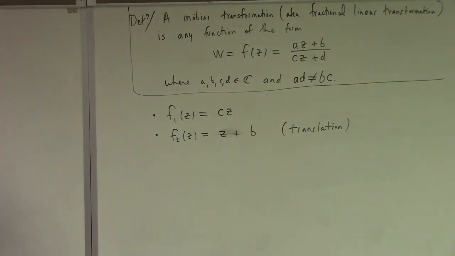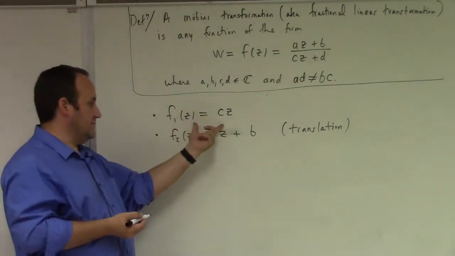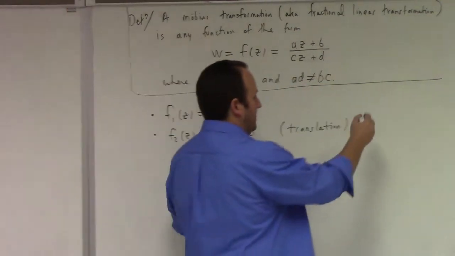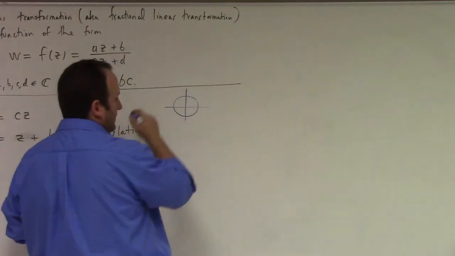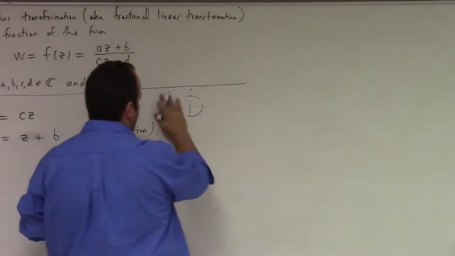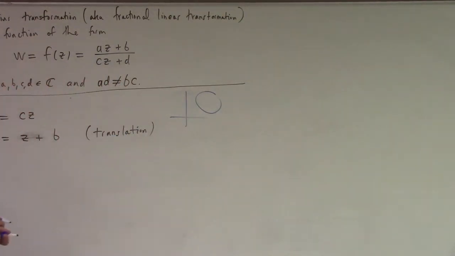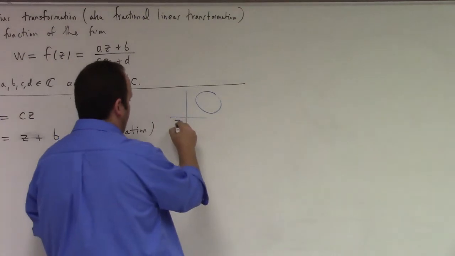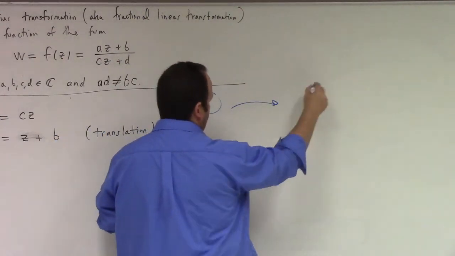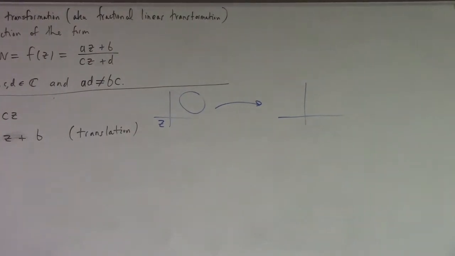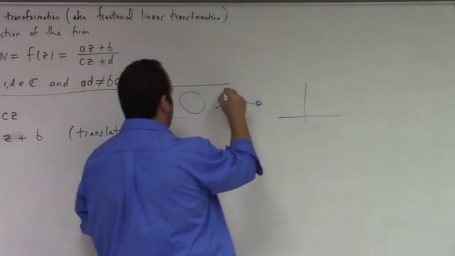So, question: what does a multiplication by c do to a circle? If we took a circle, actually it doesn't have to be at the origin, anywhere. Take a circle anywhere in the complex plane, and look at what happens to it under the mapping f1.